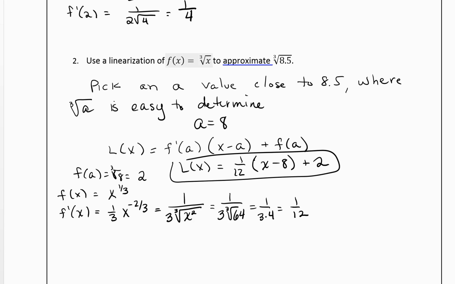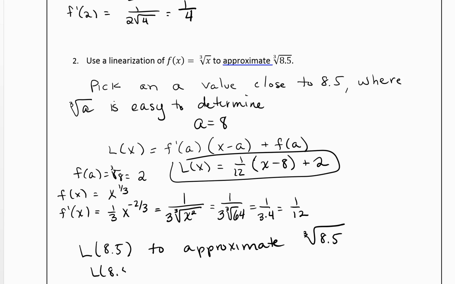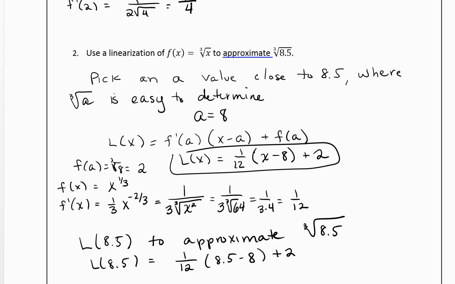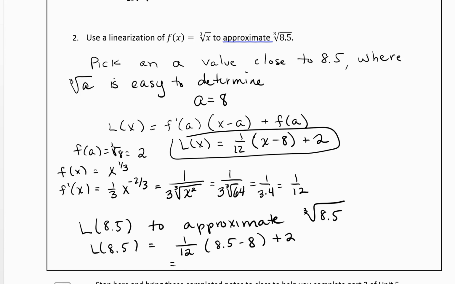Since our function was just the cube root of x, we want L of 8.5, and we'll use that to approximate the cube root of 8.5. So L of 8.5 is equal to 1/12 times 8.5 minus 8, plus 2. So that's 1/12 times 0.5, which is the same as 1/2, plus 2.